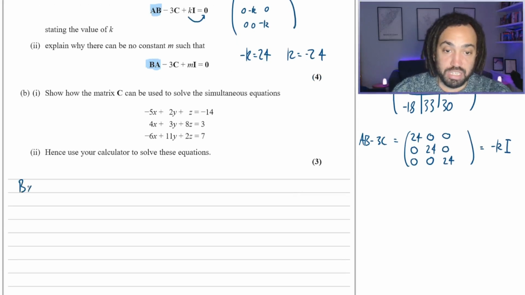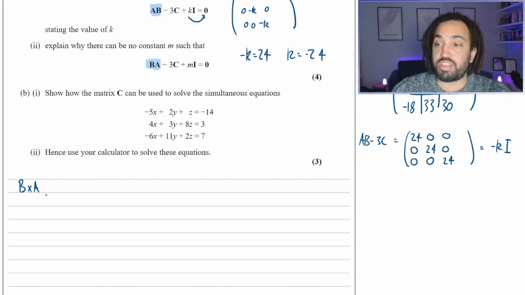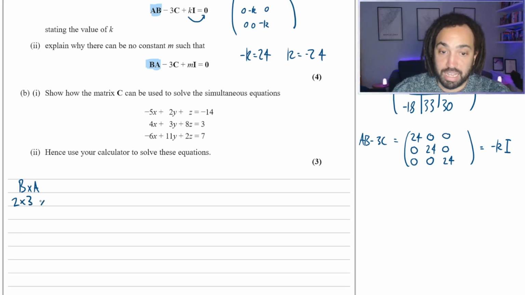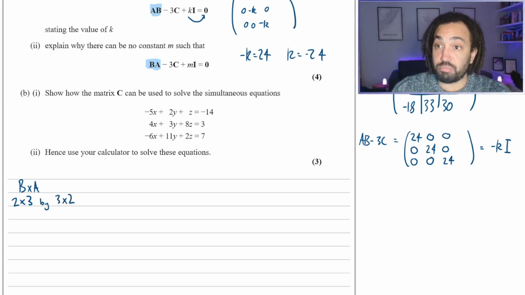Well, if I was to do b times by a, then I would be multiplying a 2 by 3 by a 3 by 2, which you could do because, again, the 2 in the middle are the same, but it tells us what the output will be, and the output will be a 2 by 2.